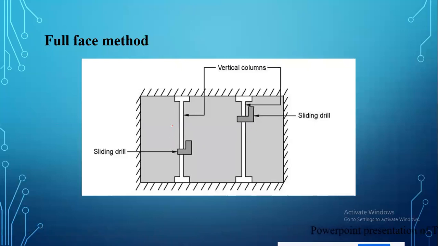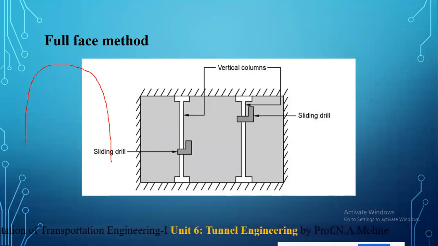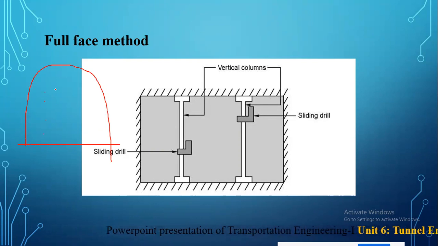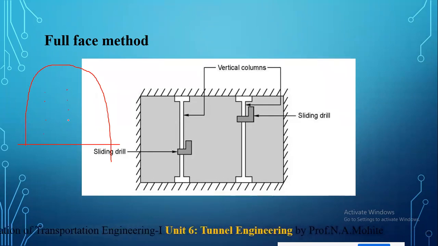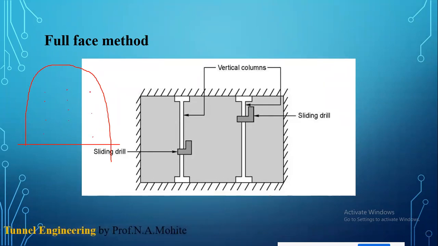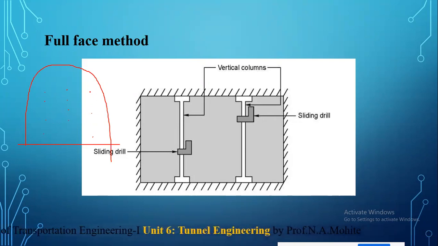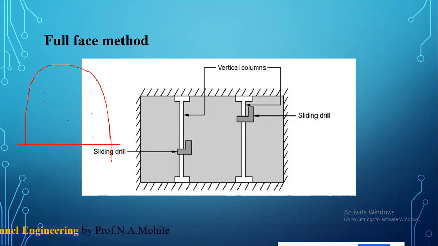So suppose this is the full face. The vertical columns are erected and drilling is done, and after drilling the holes, the explosives are filled and ignited, and whatever rock or material falls is mucked up, that is, taken outside.